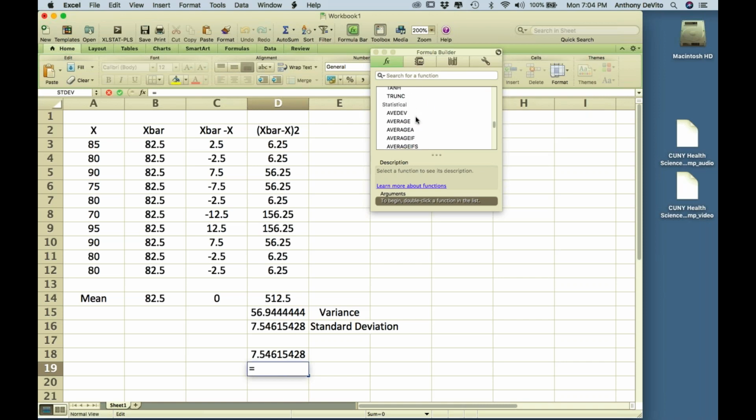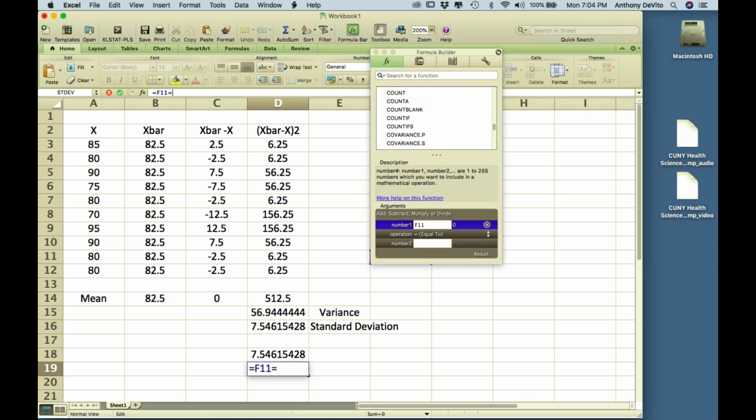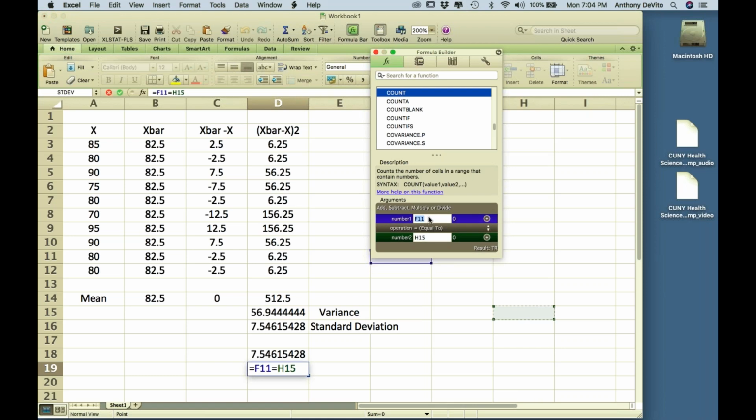And look, there's a second section here of statistical functions: average, chi-square, counts. Oh yeah, count. Here's a simple one. Equals count. If you click on it here, it'll come up where you can fill in boxes in order to tell it where the data is.